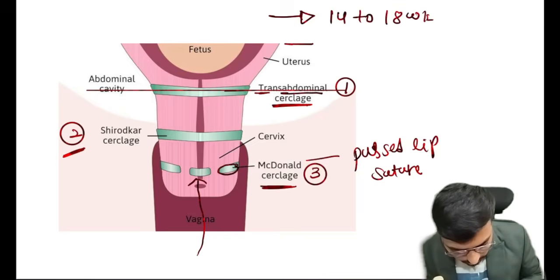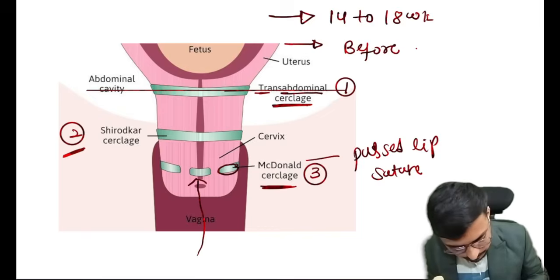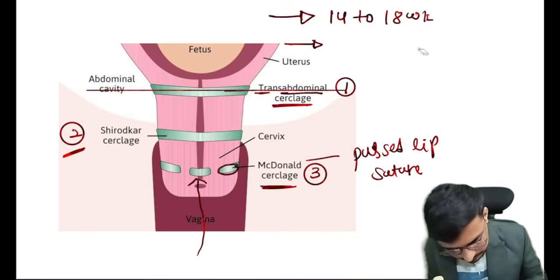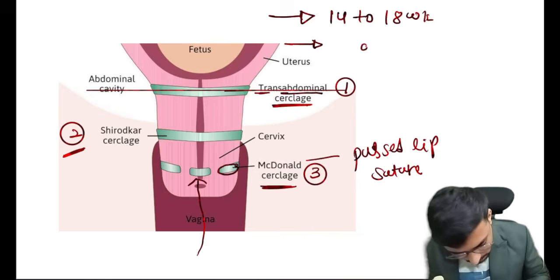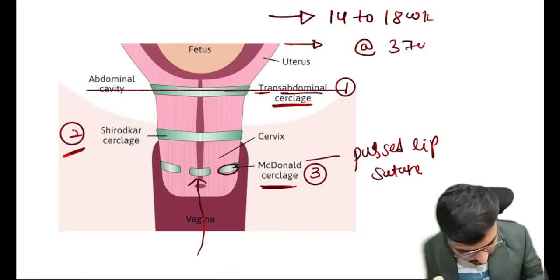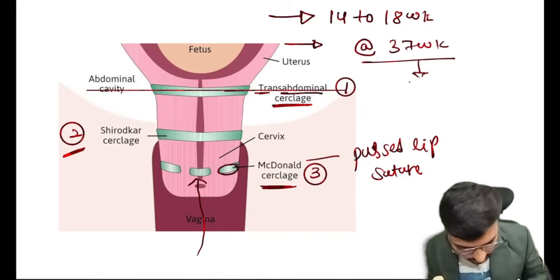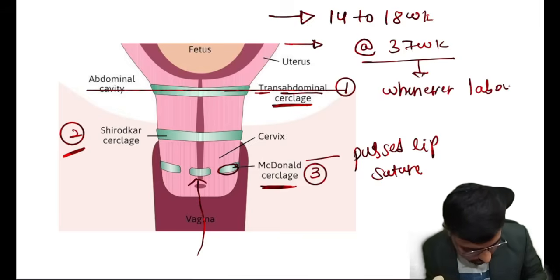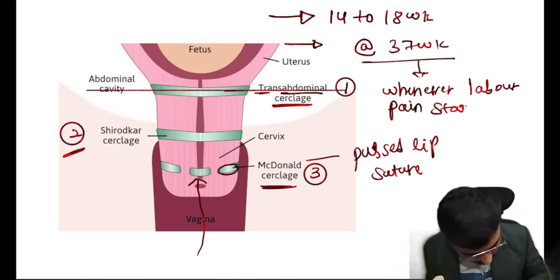When we have to remove this one, we have to remove it before labor pain starts, or we can say we remove it at 37 weeks, or whenever labor pain starts.